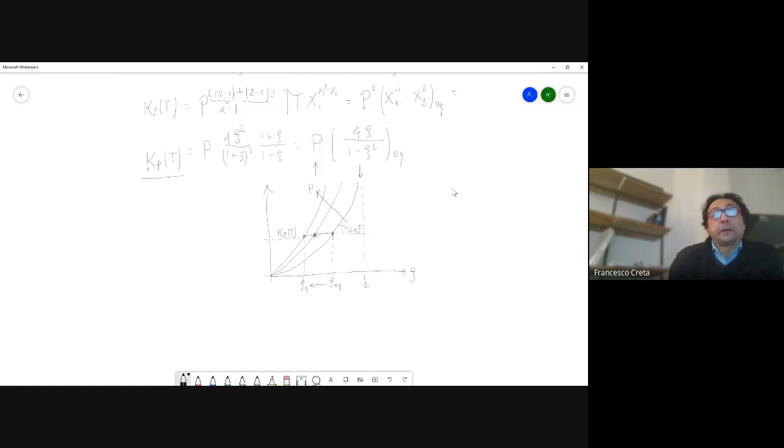But clearly, if we increase the pressure, we go from this pressure here to a higher pressure, then this quantity here will have to change. And in particular, will have to decrease. So we have to have a new value of psi so that the product is constant.